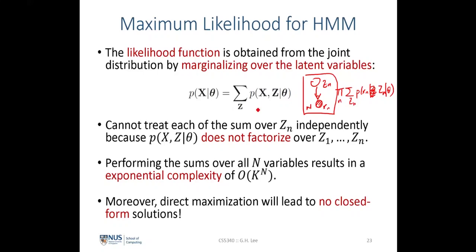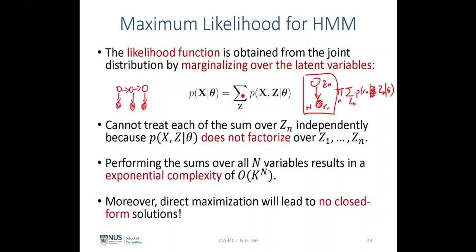But in this particular case, since all the latent random variables are dependent on one another, we can no longer decouple or factorize this into a product term over the n random variables. So performing the marginalization over each individual Zn, and performing the sums over all the n random variables, would result in exponential complexity.